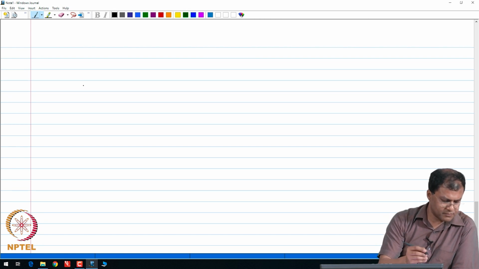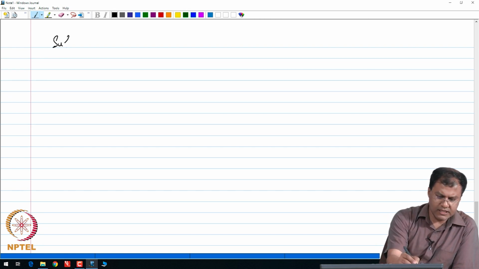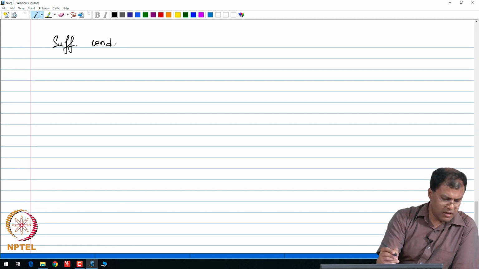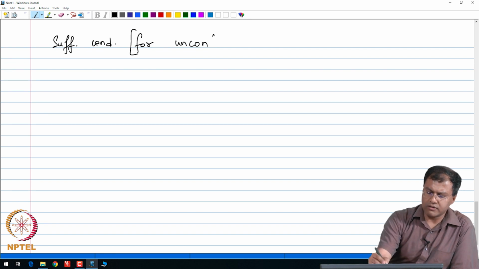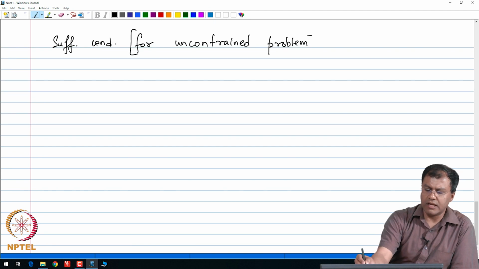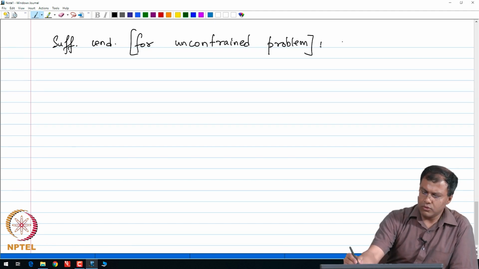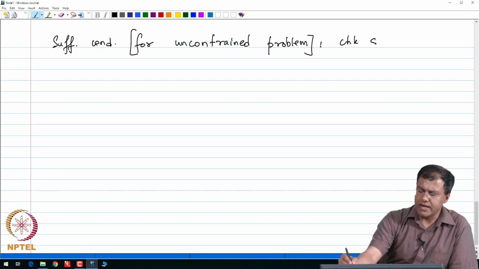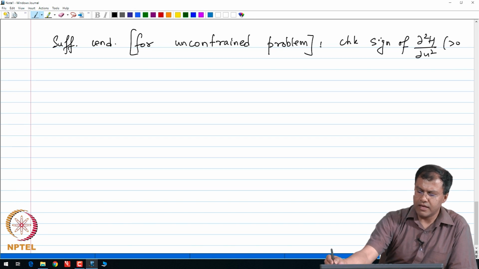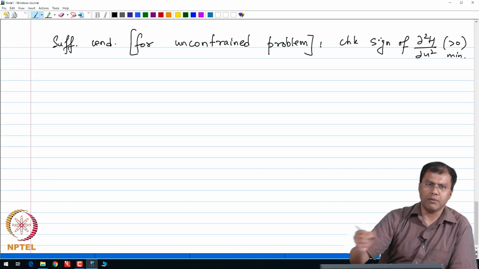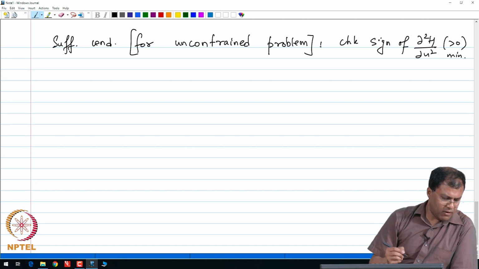The sufficient condition for the unconstrained problem was to just check the second derivative, right. That was what we have seen in our previous lecture: to check the sign of the second partial derivative of H with respect to u, right, and if this is positive, then we are guaranteed a minimum, right.